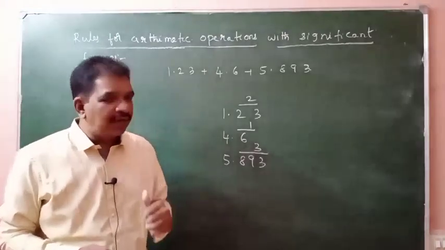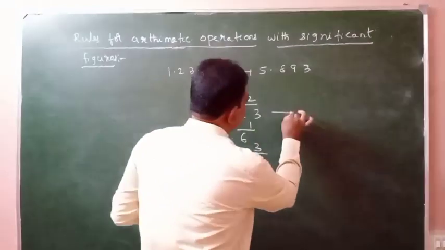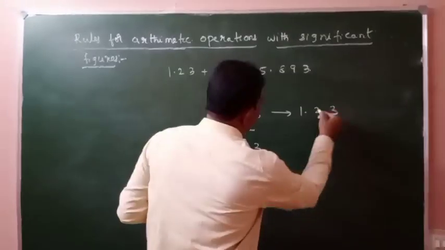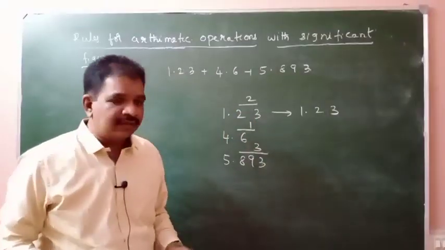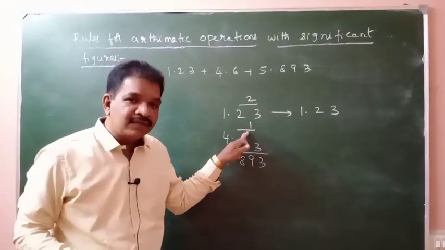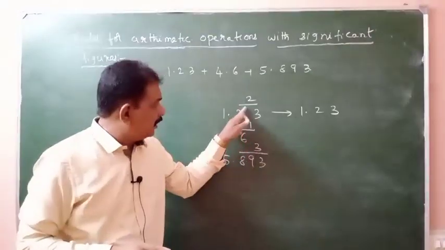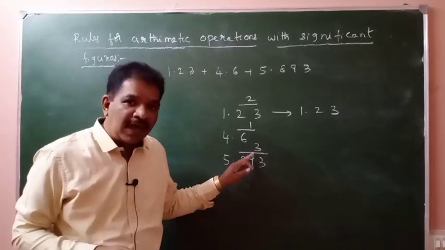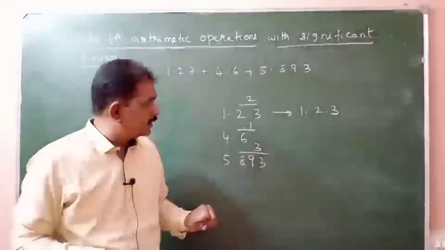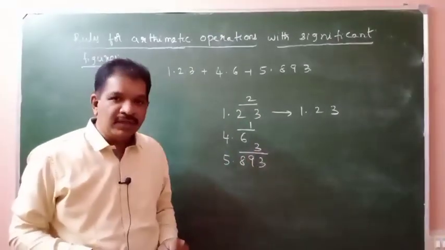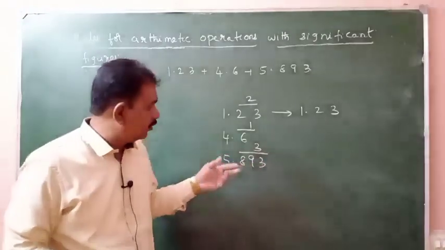Like that, first we have to round that. So here 1.23 will not be changed, because the least number is 1. Remaining will be rounded to have 2 significant figures. Already here only 2 is there, so no need to round off.